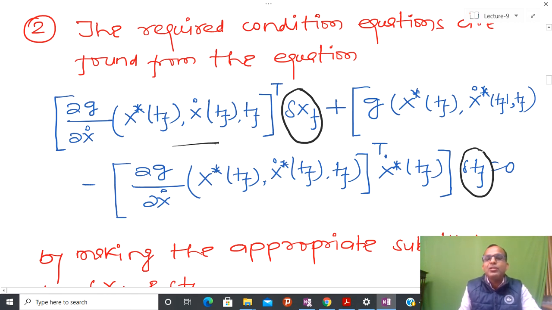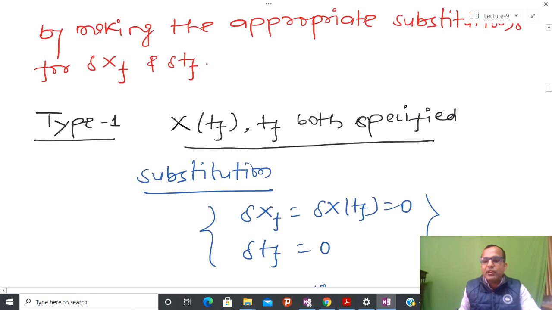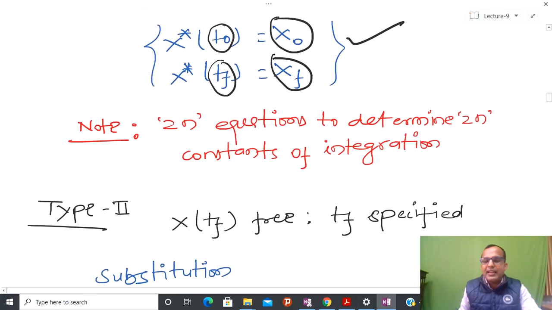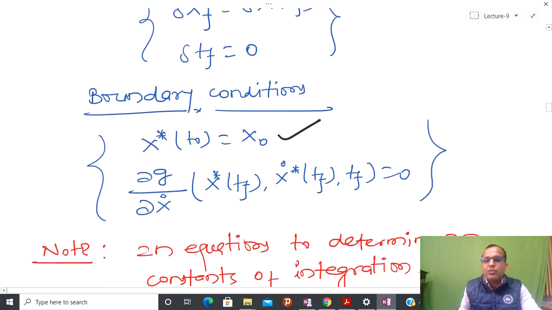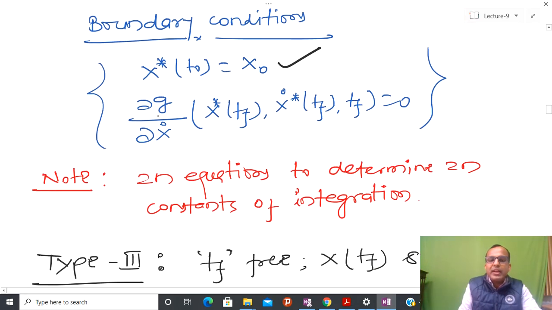So this part should be 0, and due to that, in the second case, in order to calculate the boundary condition, I have dou g by dou x dot, and here again x, whenever I write it, has n components, x1, x2, xn, and this equals 0. So in this way I am able to calculate the boundary condition.